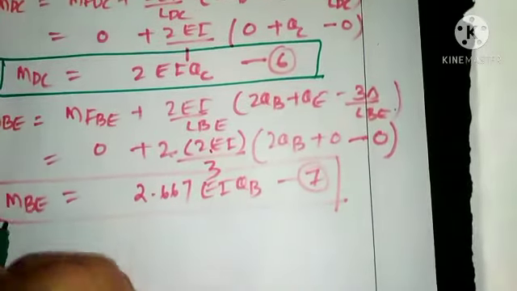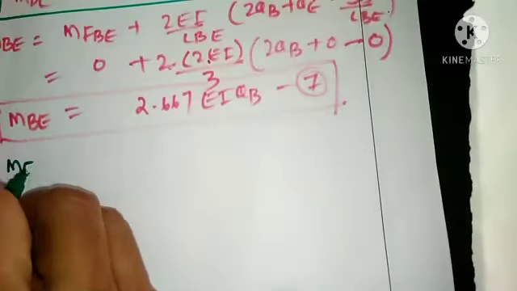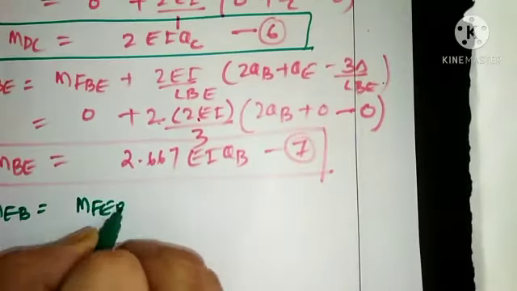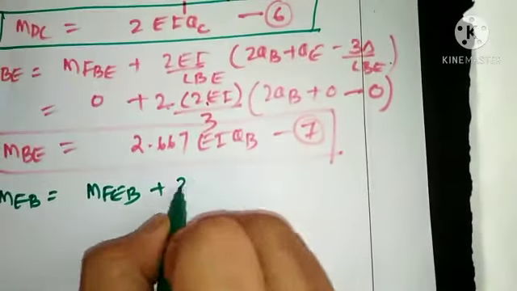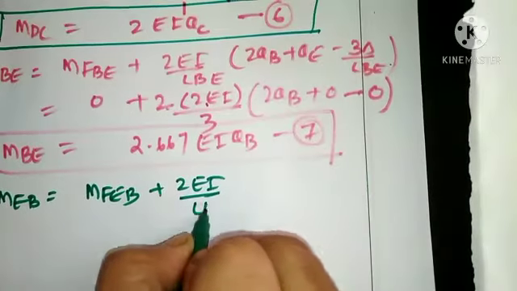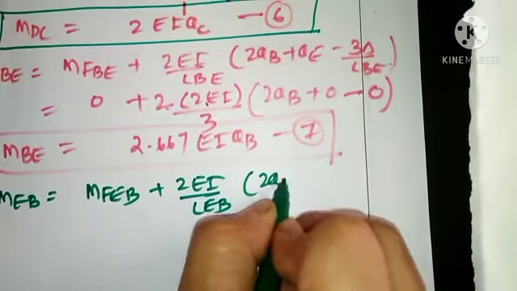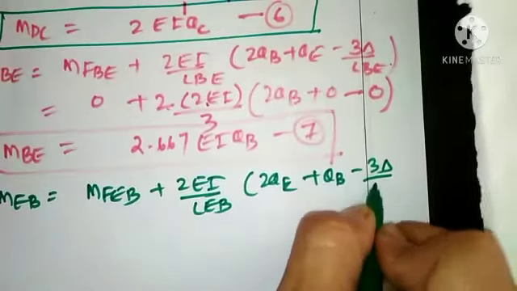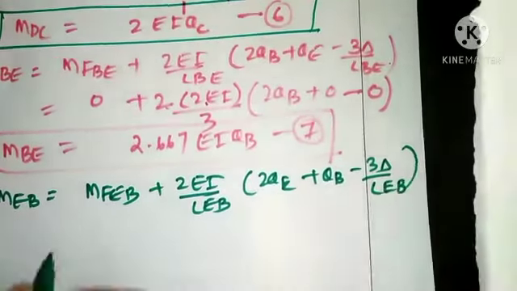Next is MEB. MEB will be MFEB plus 2EI divided by LEB, 2 theta E plus theta B minus 3 delta divided by LEB.